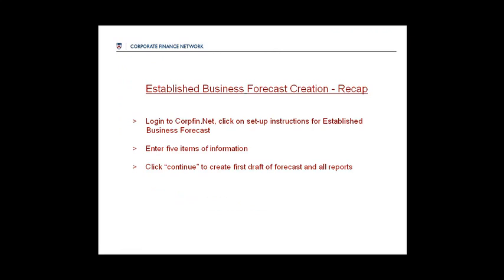To recap, to create an established business forecast, we log in, click on Setup Instructions for an established business forecast, enter 5 items of setup information, record 1 or more years of historical income statement and balance sheet data, enter the expected annual changes in net sales for each of the forecast years, and we instantly create the first draft of a 5-year forecast that is documented with 10 different reports, which are historical income statement and balance sheet reports, a narrative report that is organized in a manner to help us present the key elements and results of the forecast to a third party, forecast financial statements and multiple versions of assumptions reports, and comprehensive financial metric reports.